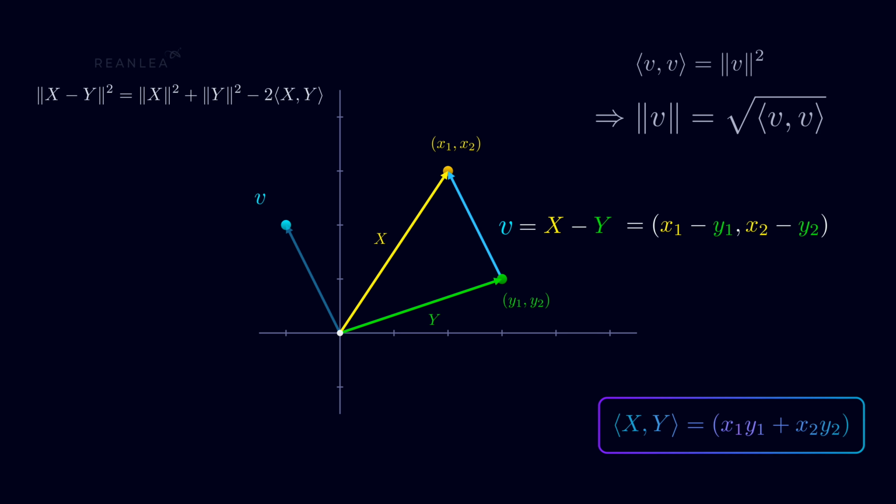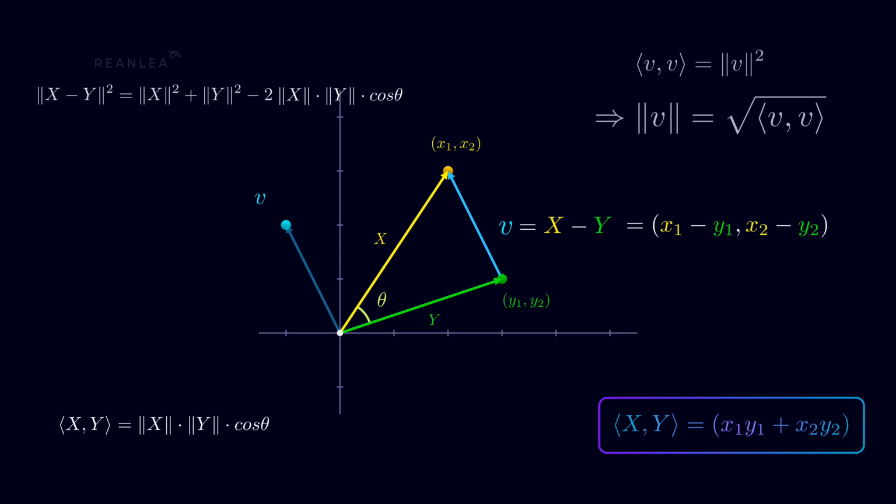Now again, if theta is the angle between them, then we know that the inner product of x and y is equal to norm x times norm y cos theta, which deduces that the square of the norm of x minus y is equal to norm x square plus norm y square minus 2 times norm x norm y cos theta.